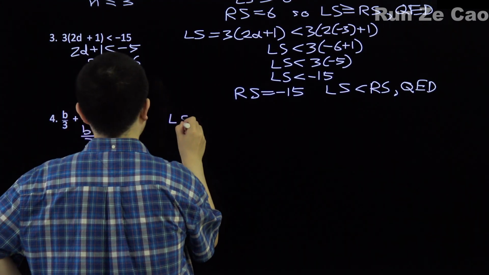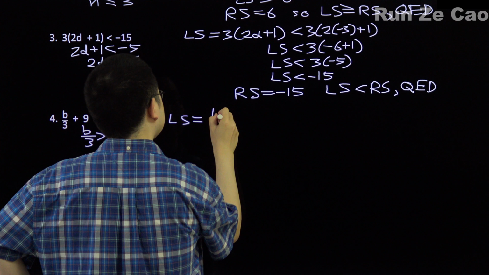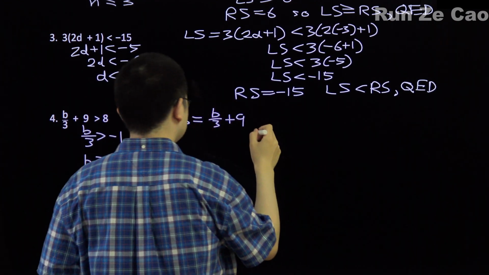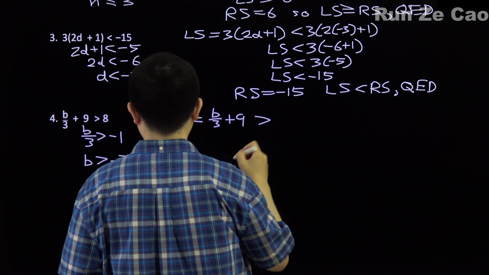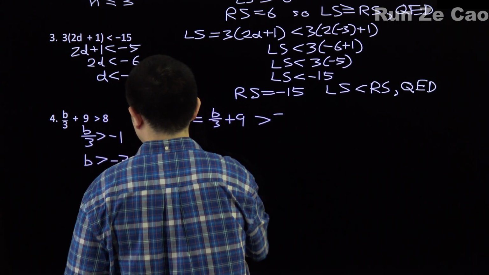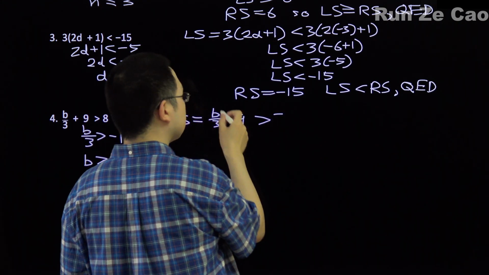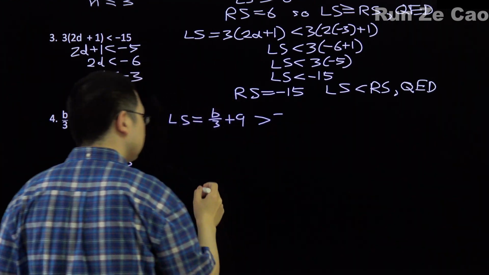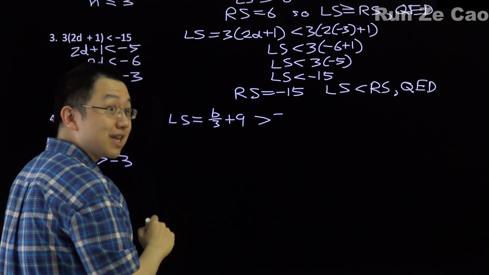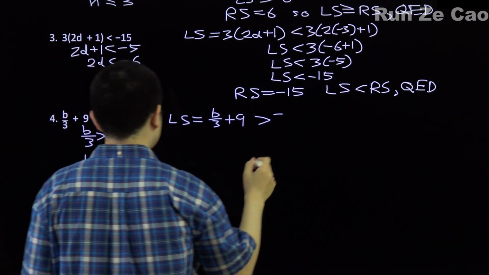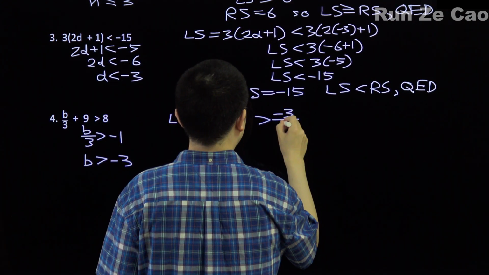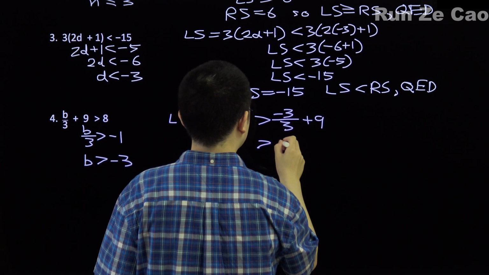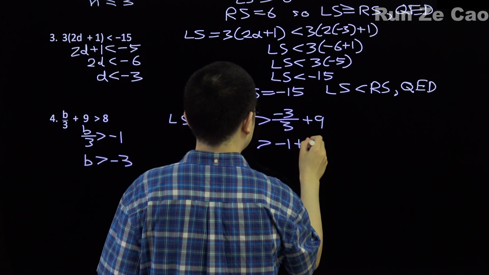The left side is equal to B over 3 plus 9, which is bigger than, because B is bigger than negative 3, and we have a positive number that's multiplying it, and by multiplying I mean B times 1/3, negative 3 over 3 plus 9. So it's greater than negative 1 plus 9.